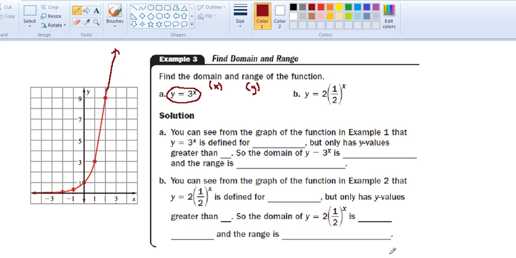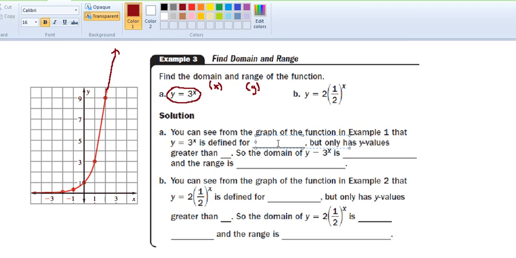So here's what we're going to write. We can see from the graph of this function in example 1 that y equals 3^x is defined for all x values. We'll write something like that. Here's the important part. It's got y values that are only greater than 0 because it never goes below the x-axis.